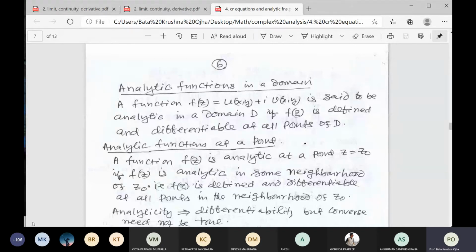Imagine a neighborhood. Neighborhood means a small circle with a small radius. We take the radius as epsilon. Epsilon may be 1 by 100 or 1 by 1000 or 1 by lakh, but it is not equal to 0. That is called a neighborhood of the point z0.